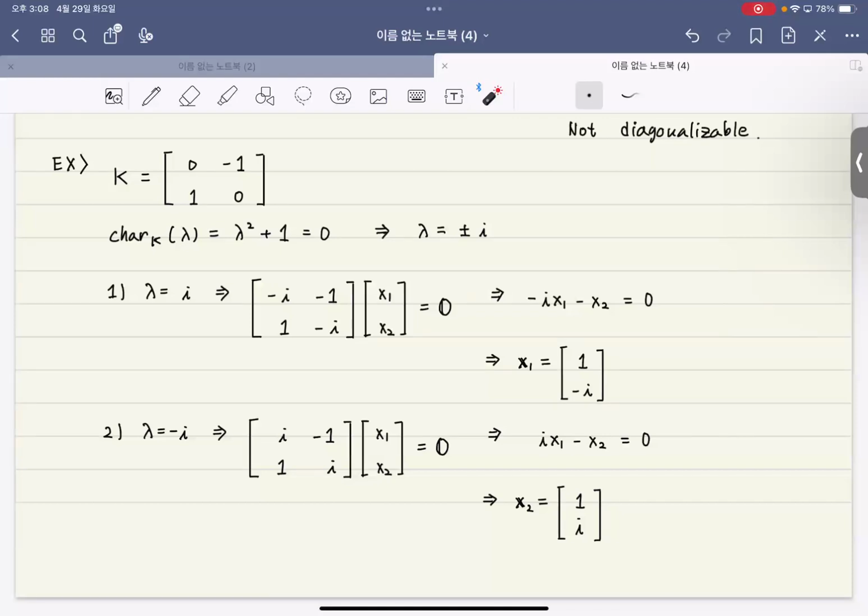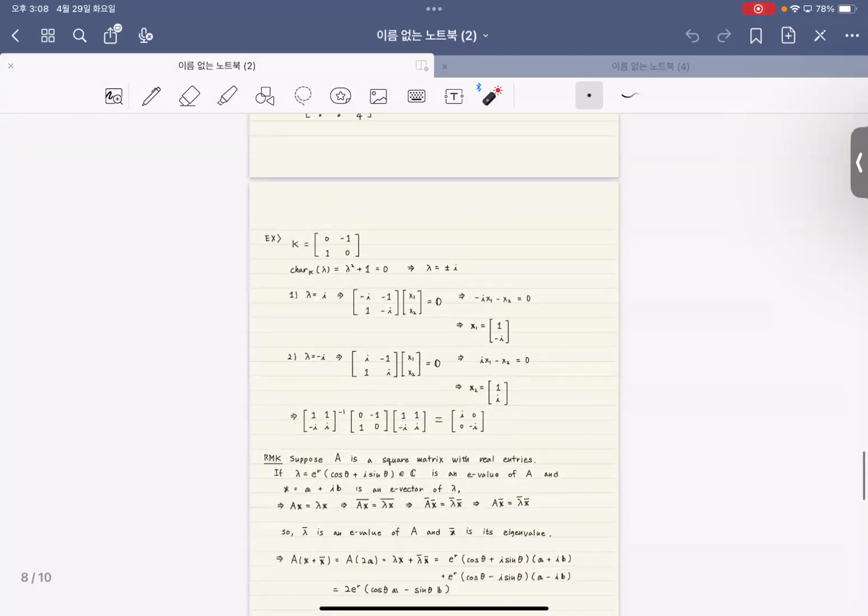It's the same thing. You can still define the algebraic and geometric multiplicities. For each of these two eigenvalues, the algebraic multiplicities are all ones, and the geometric multiplicities are all ones. So therefore, it should be diagonalizable.